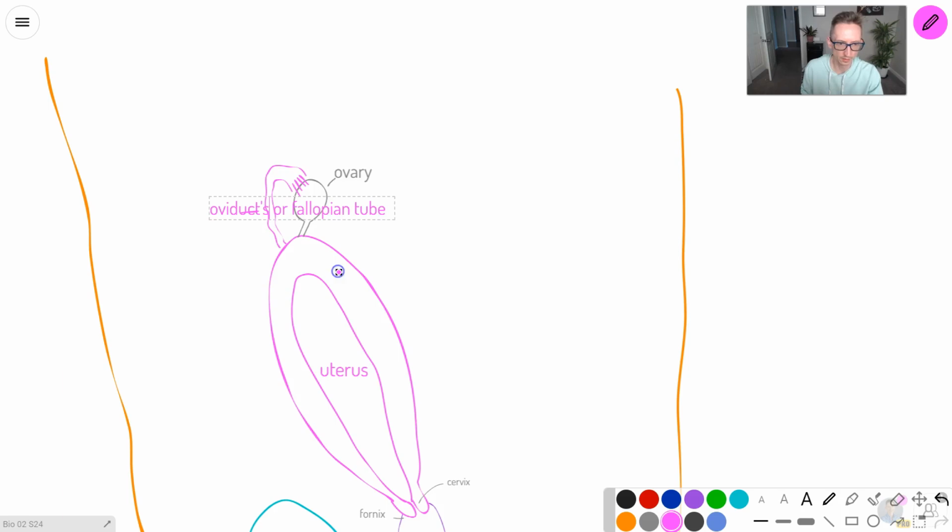Okay. And that's actually where fertilization usually occurs. You don't want pregnancy there, but fertilization. This is usually the site of fertilization. We'll go through that whole little process here in a minute.